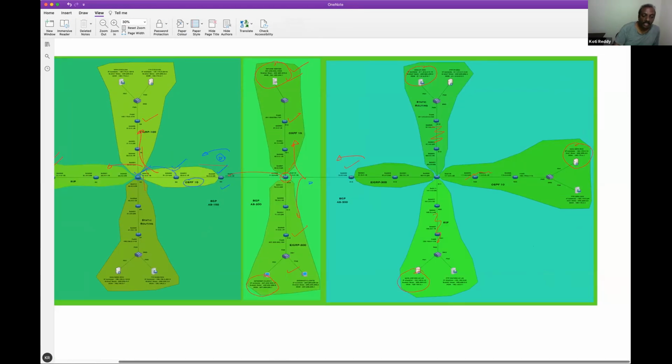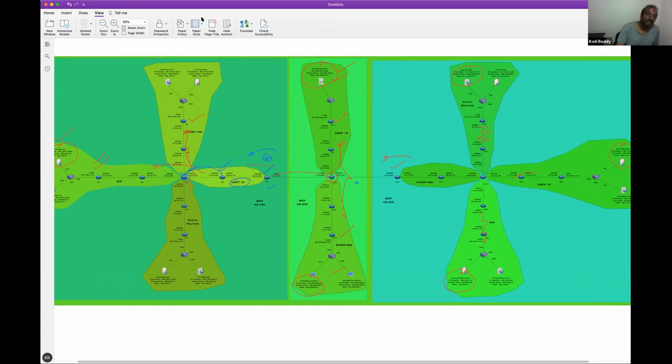So in our case study, we have 3 ISPs, as shown in the diagram: ISP1, ISP2, ISP3 with AS100, AS200, AS300 respectively. Right? So what did we do?